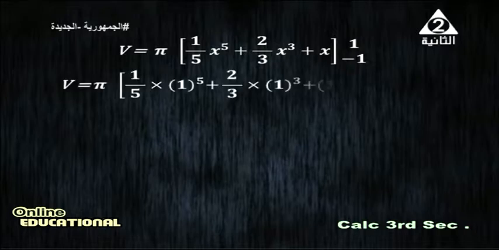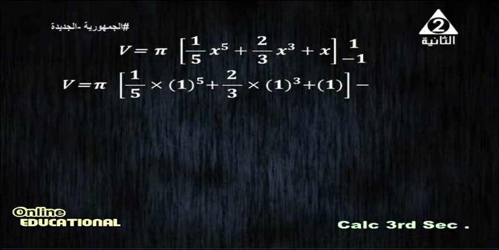Now V equals pi times the integration of x power 4, which equals 1 over 5 x power 5, plus the integration of 2x power 2, which equals 2 over 3 x to the power 3, plus the integration of 1, which equals x, from -1 to 1. We can calculate the volume by substitution.